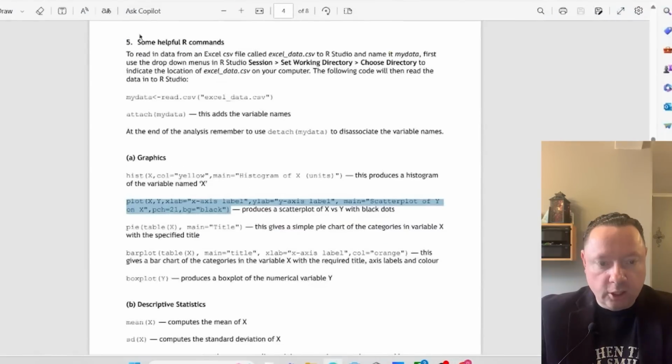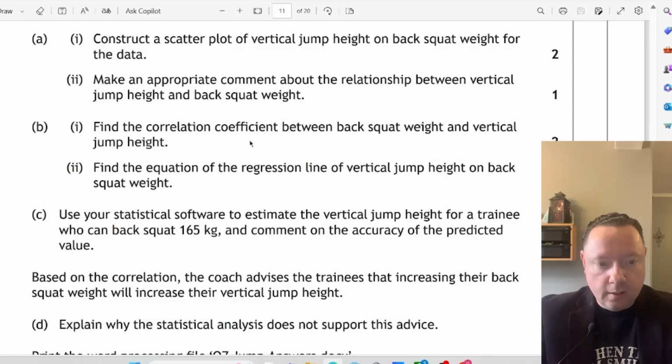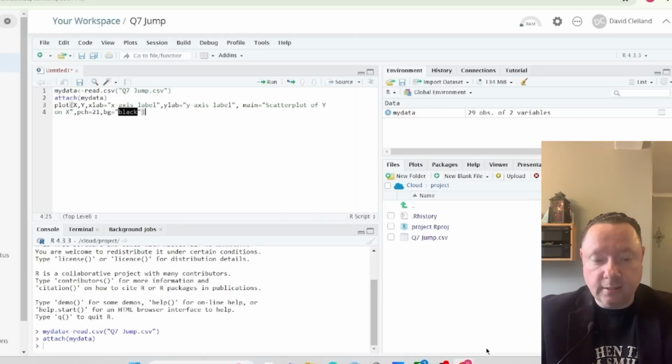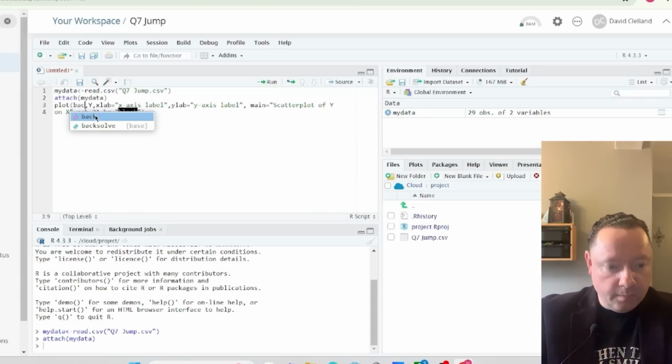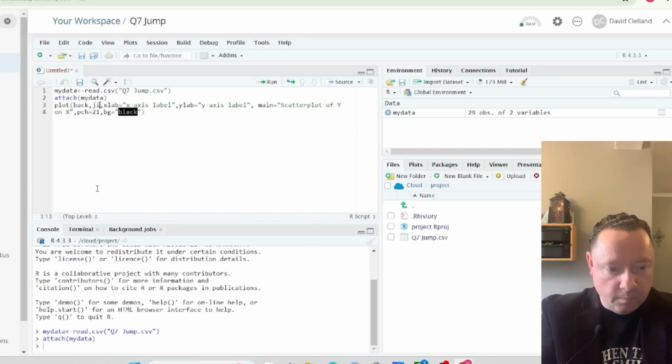If we check the question, it says construct a scatter plot of vertical jump height on back squat. So back squat is our X. Just make sure you get them the right way round. Start typing back and hopefully it'll come up, and vertical or jump.